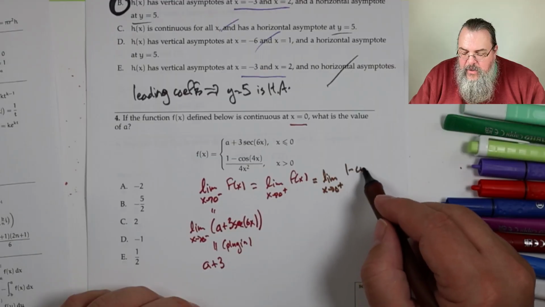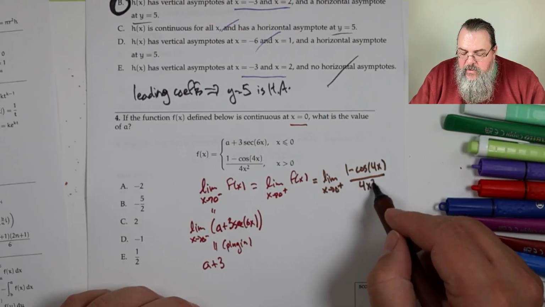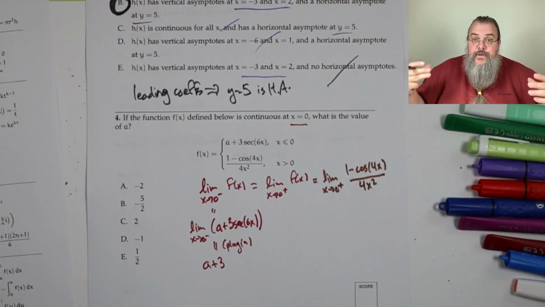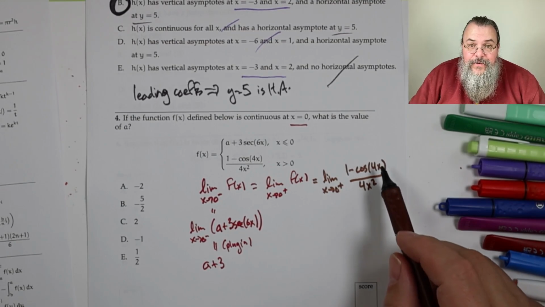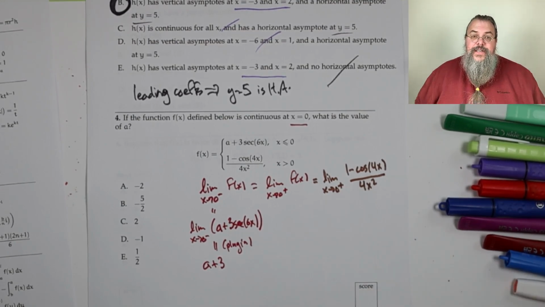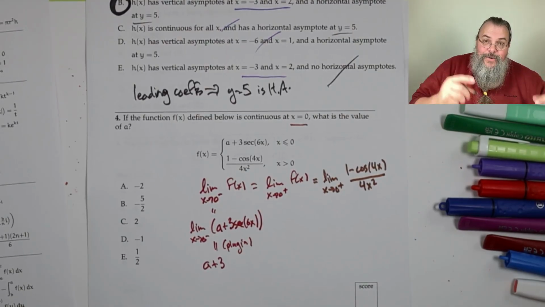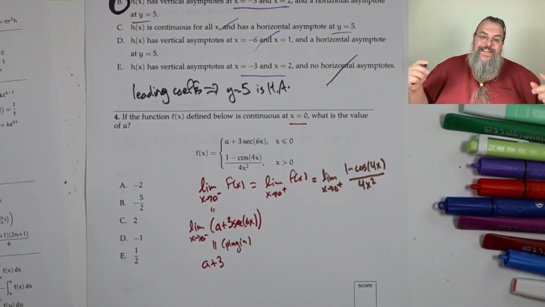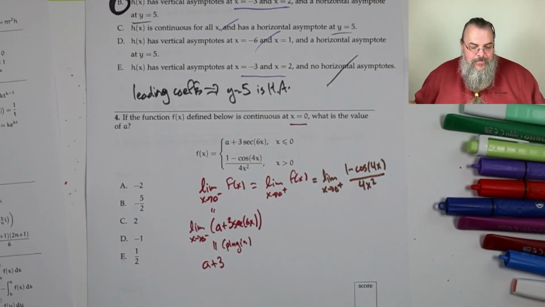Because when we plugged in 0 before, we got a number, a plus 3, life is good. When you plug in 0 now, you get 0 upstairs and 0 downstairs. And 0 over 0 is more work. So we have to think about how to handle that.